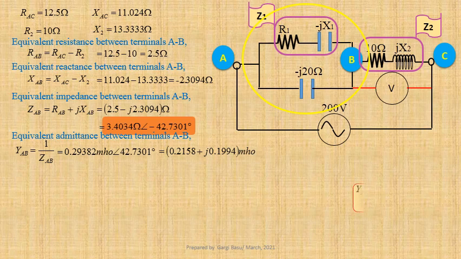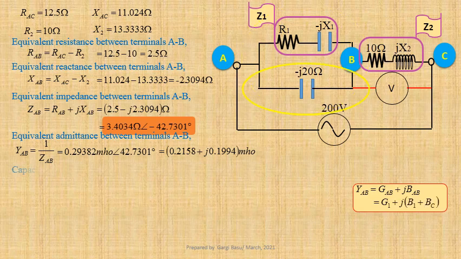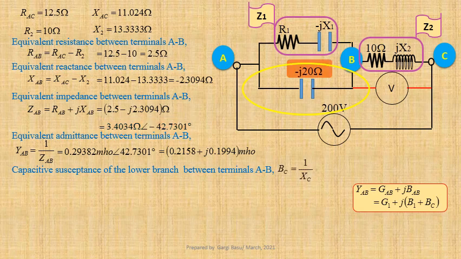Again, YAB equals GAB plus jBAB, or G1 plus jB1 plus BC. Capacitive susceptance of the lower branch between terminals A and B, BC equals 1 upon XC, that is 1 upon 20, that gives us 0.05 mho.